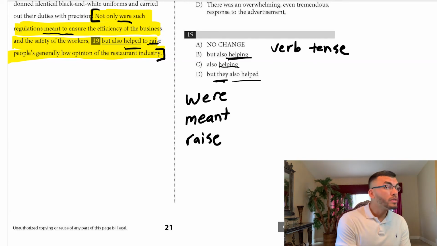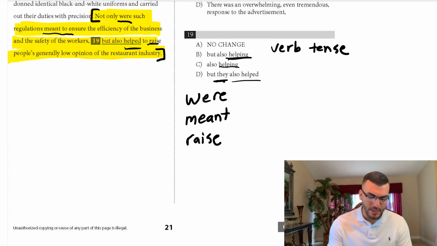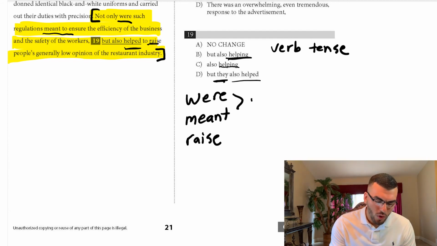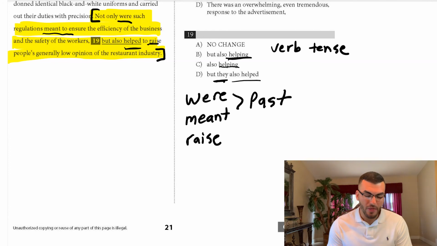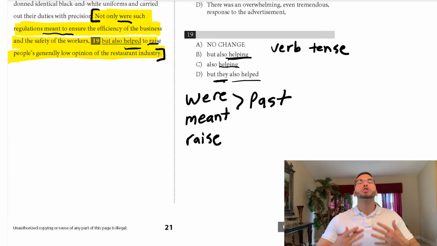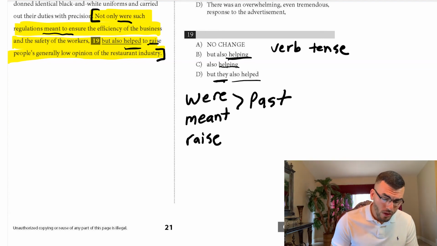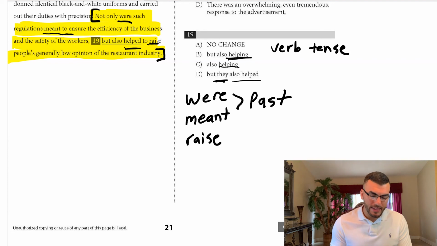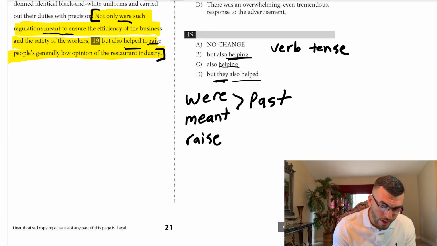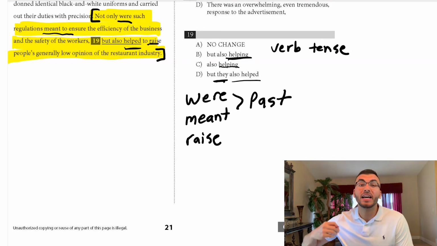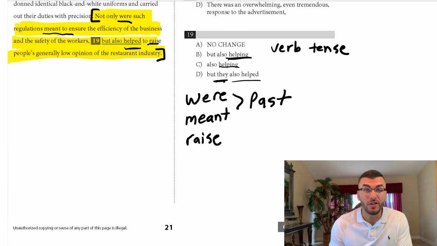Not only were such regulations meant to ensure the efficiency of the business, so this whole thing is taking place in the past. This sentence is talking in past tense terms. So this sentence is taking place in the past, so we can eliminate any answer choices that are not past tense verbs.